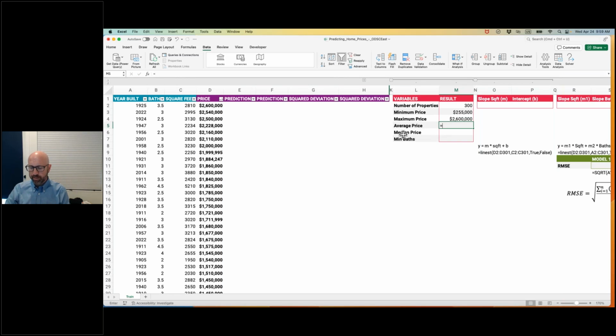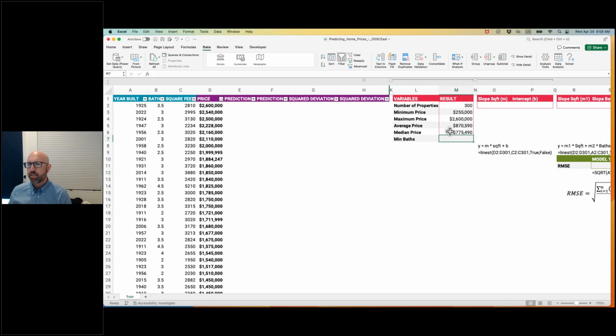And then we can look at the average price. So we're gonna use the average function, and this is 870,000. And we can also look at the median. So what the median is telling us is half the properties cost less and half the properties cost more than this value of 775,000.